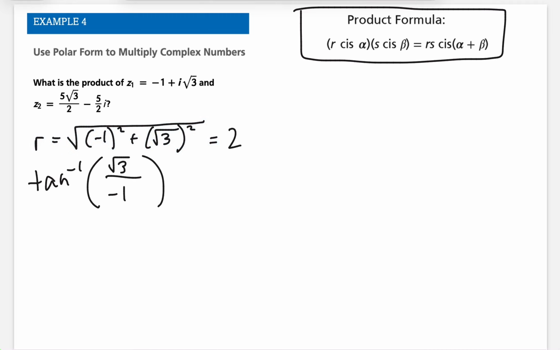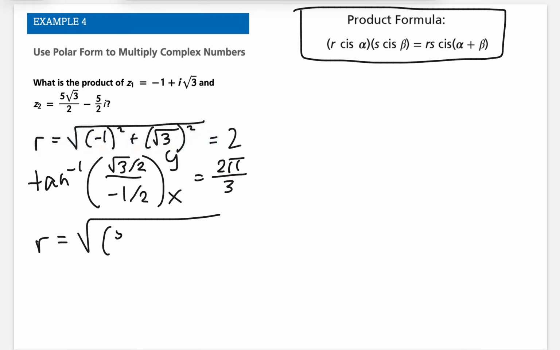I can actually use the unit circle, and I'm going to put a denominator of 2 for both of these, because then I can actually find the y coordinate that's square root of 3 over 2 and the x coordinate that's negative 1/2. So I'm in the second quadrant, and that would give me an angle of 2 pi over 3.